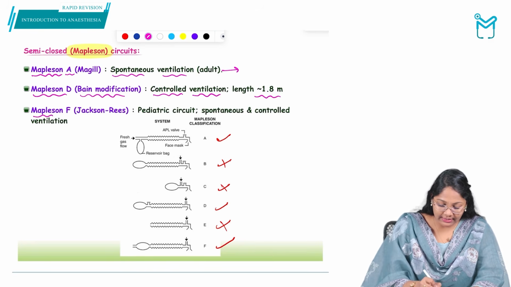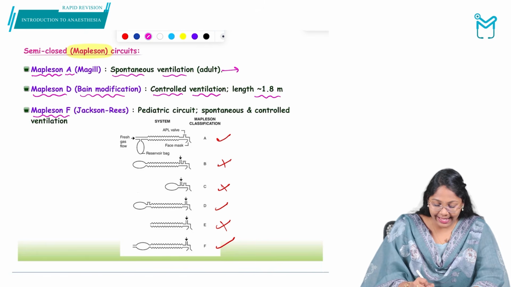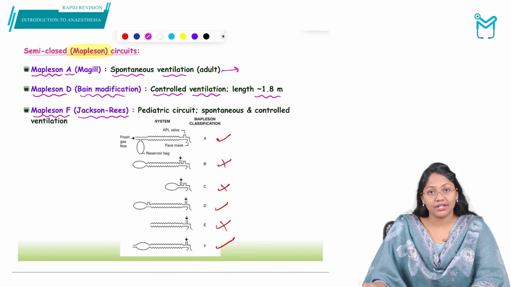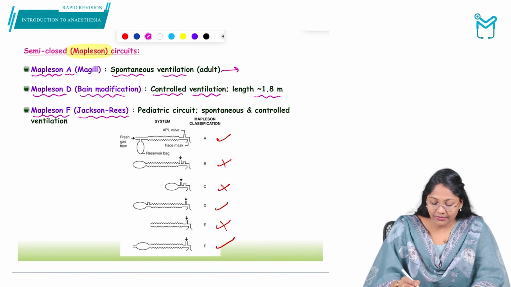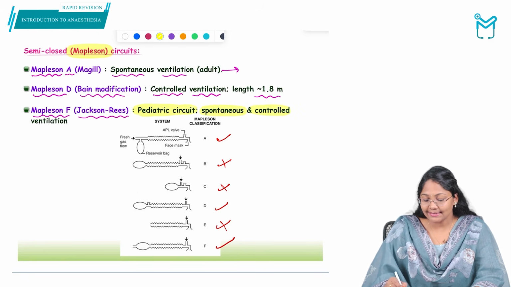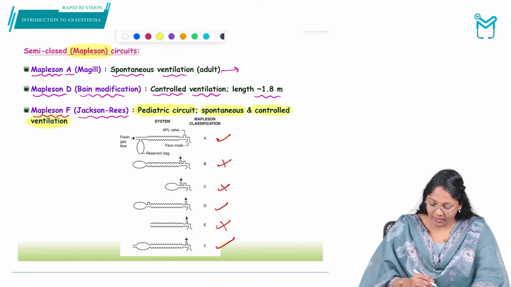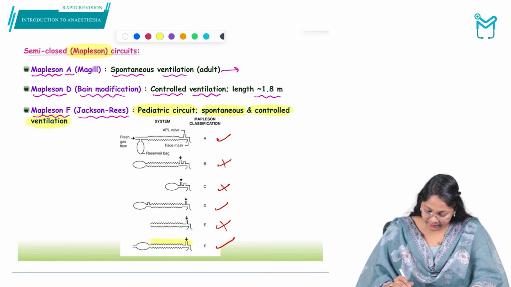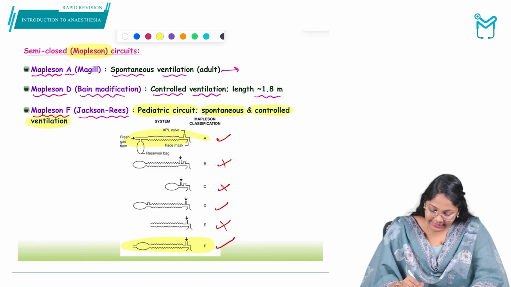Now coming to the next one, Mapleson F, we also call it Jackson-Reeves circuit. This is useful in pediatric patients, only in children we are using it for both spontaneous as well as controlled ventilation. So this is the pediatric one. And this we are using for adults.